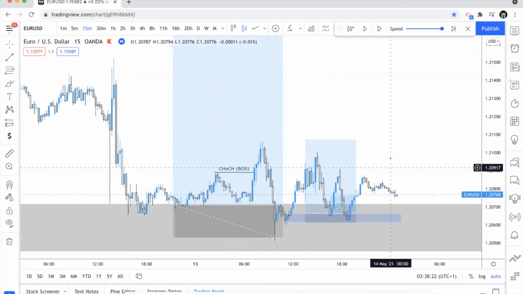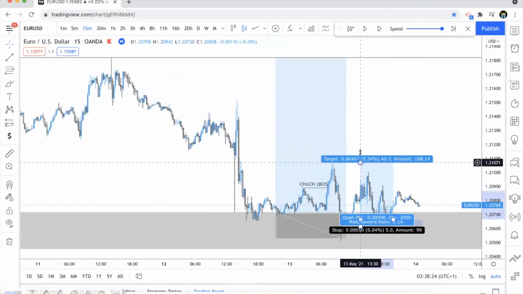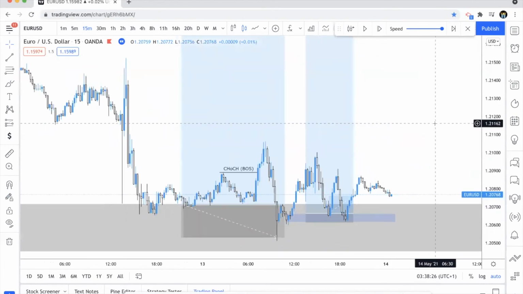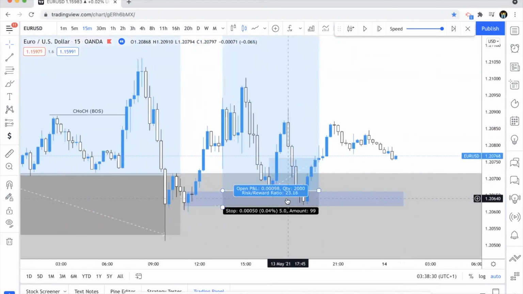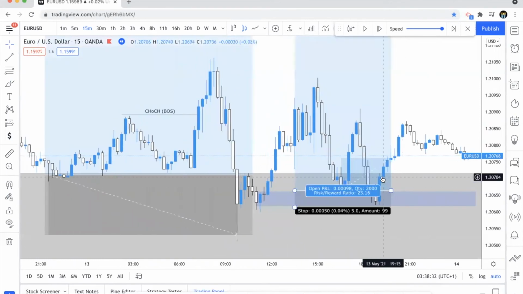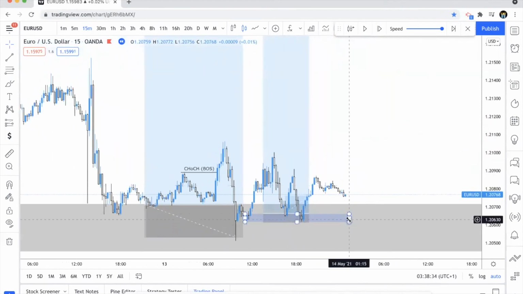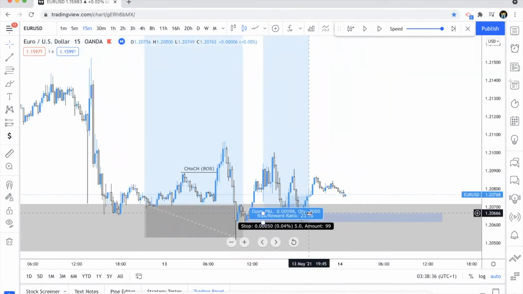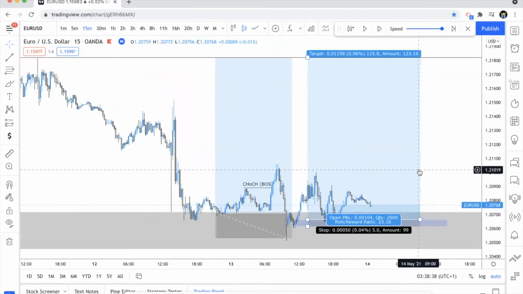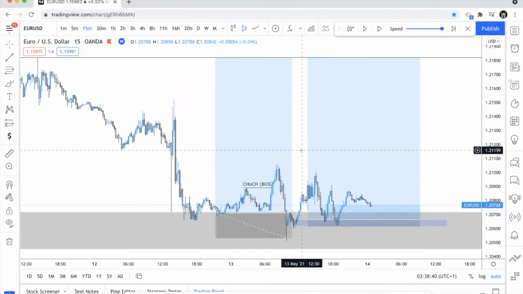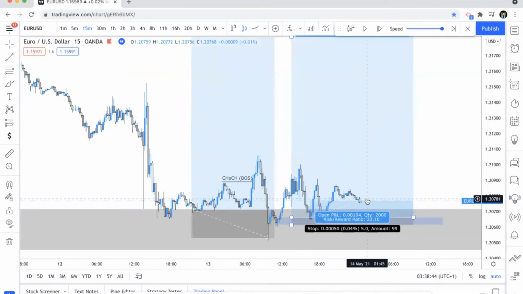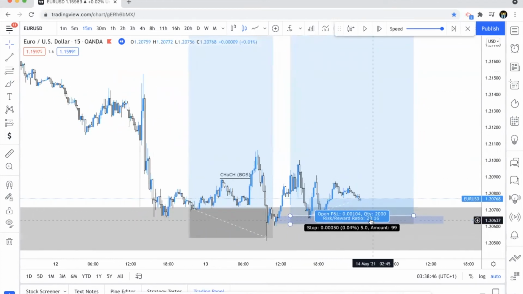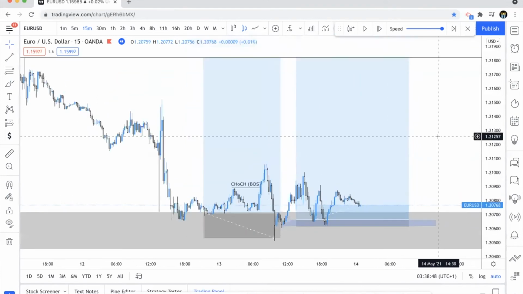But the smart way of trading and the smart way of doing risk to reward is the way we do it, like this. Now you're risking only 5.5 pips. The most pips I've ever taken is 5 at most, and as little as probably a pip and a half. And let's look at the target. We're targeting 23.1% on this trade, right?